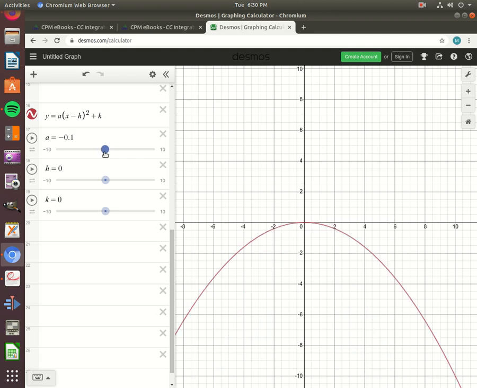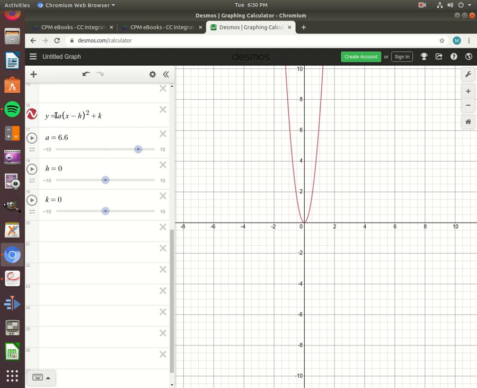When it gets to 0, it turns into a bit of a line. And now it's going to start, again, like we discussed, it's going to get flatter when it's below 0. When we get to 1, it's going to be what's considered normal. And then when we get to above 1, it's going to become steep. So that's one way that we can manipulate that a.